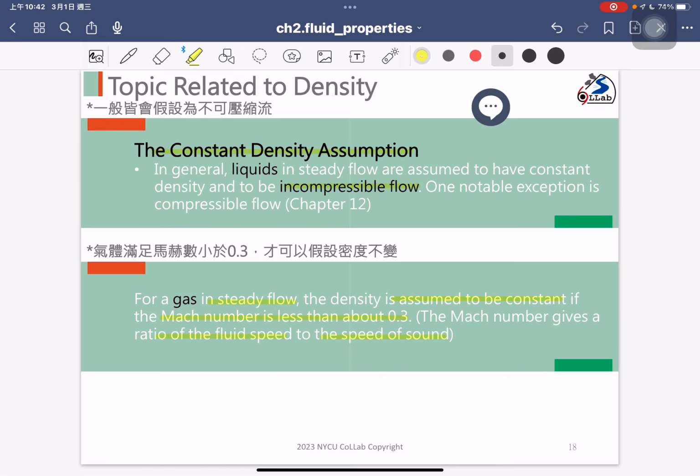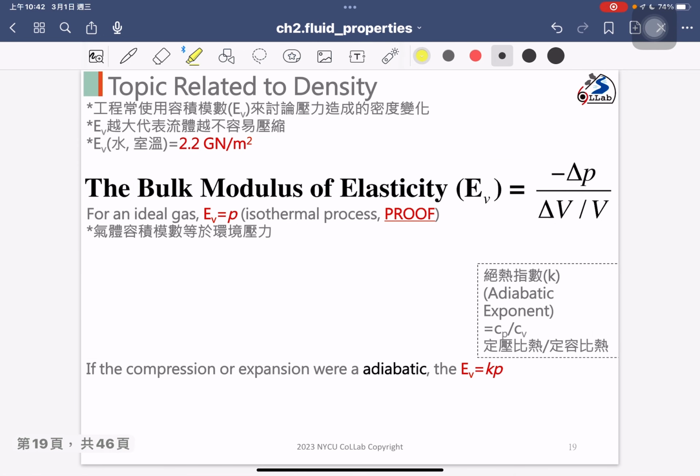Then the slide puts the information of the bulk modulus. As I always emphasize, the bulk modulus can be used to identify fluid compressibility. That indicates the bulk modulus provides the information to identify whether the fluid is compressible or not.